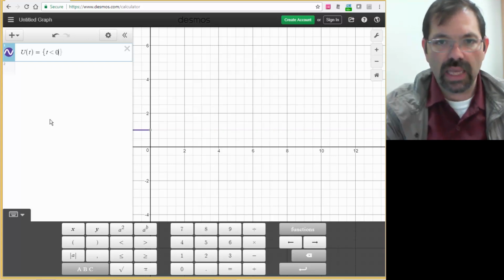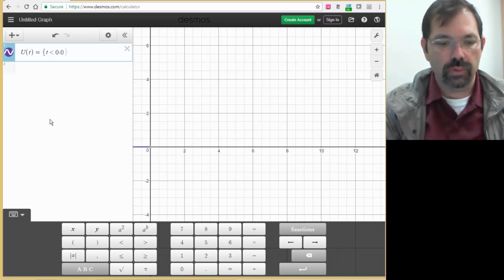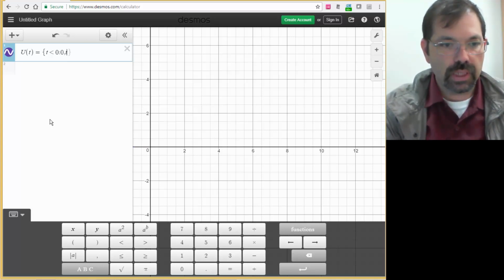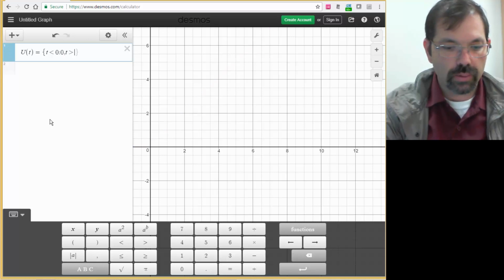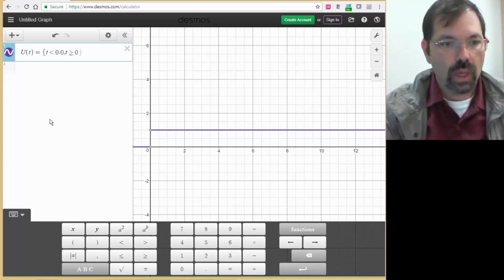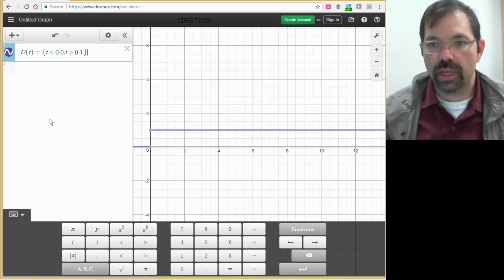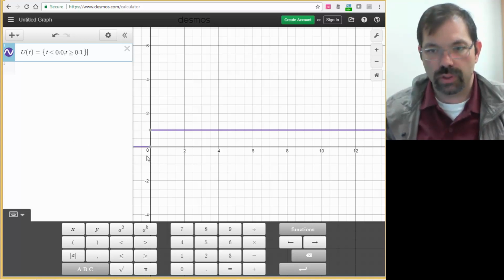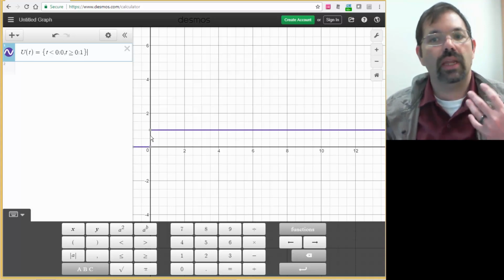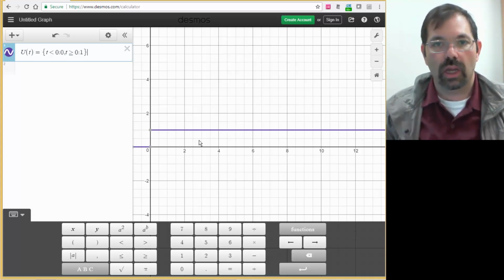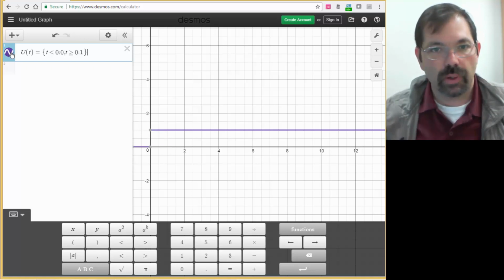If t is less than 0, we'll define it as 0, and if t is greater than or equal to 0, we'll define it as 1. And we see here the unit step function. Notice with t less than 0, the function is 0, and then it jumps to 1 the rest of the time. So there's our unit step function.